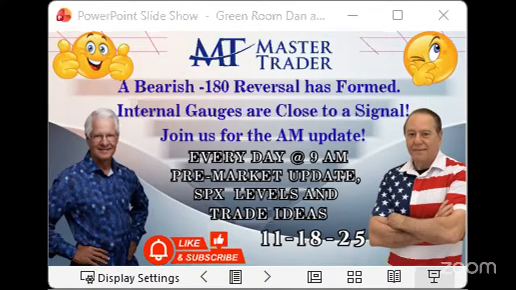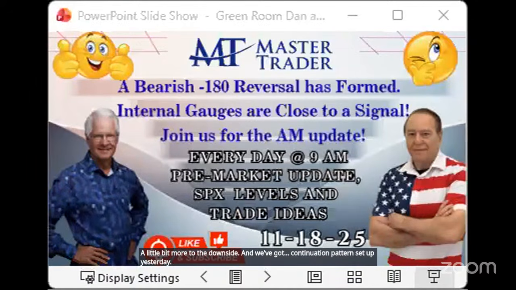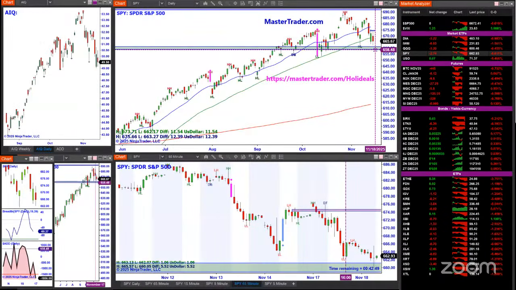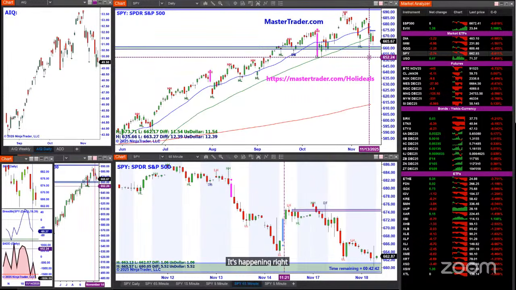Good morning, everyone. So the correction continues, a little bit more to the downside. And we've got a continuation pattern set up yesterday. Not a great one because it's happening, looking at the spiders here, right on this support level.